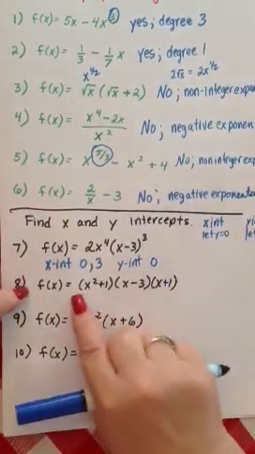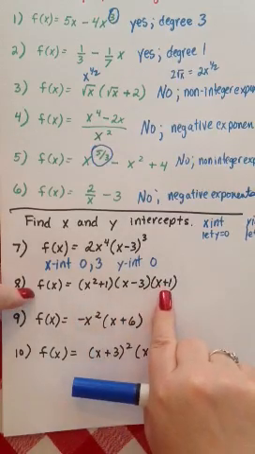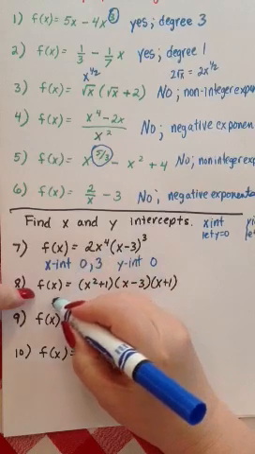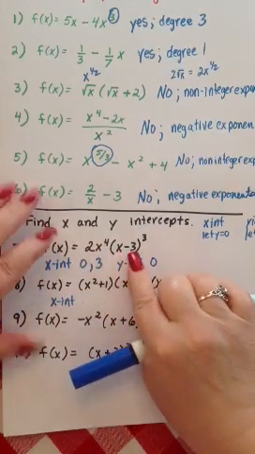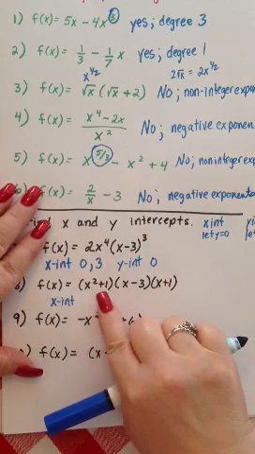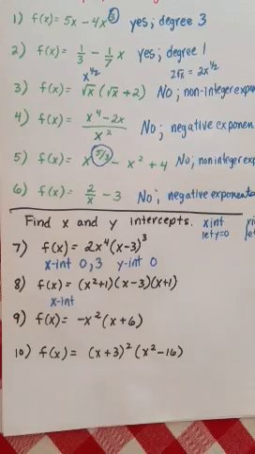All right, next problem. It says f of x is x squared plus 1 times x minus 3 times x plus 1. So it's going to have x-intercepts. Remember, you always take the opposite thing. But in this case, it's x squared plus 1. Let me make sure you can see this on the screen.